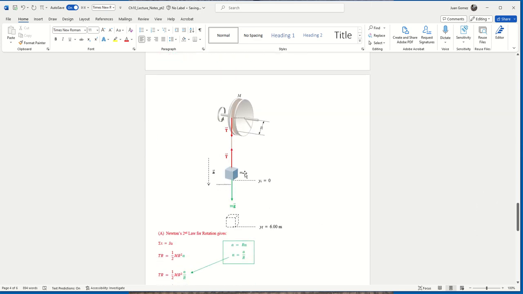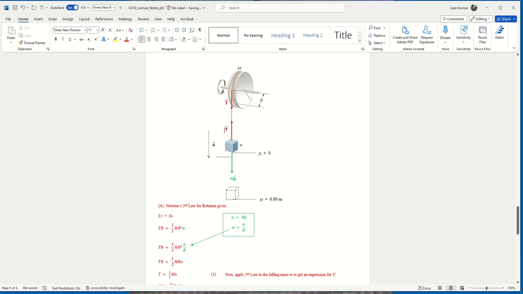So those are the two forces acting on the falling mass, T and mg. Now this arrow here is simply indicating that the falling mass is accelerating in the negative y direction. That's not a force. That's just the acceleration.